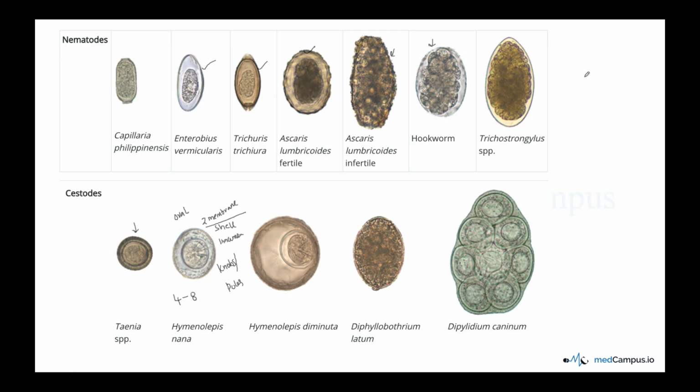Let me draw a diagram and explain it to you. I'm drawing it in a bigger size. Yes, it's an oval one. We have two membranes in the shell, this one is outer and this one is inner. As said, it has two small knobs or poles on the inner shell like this, and from these, 4 to 8 filaments arise and spread between the two membranes.